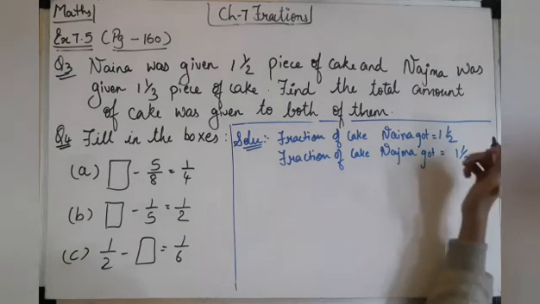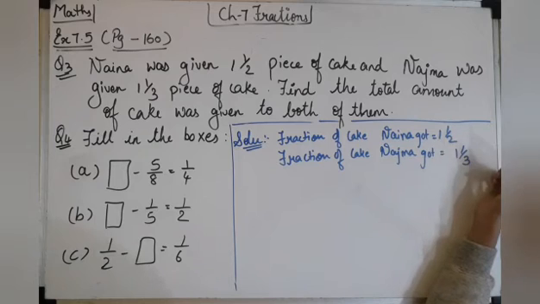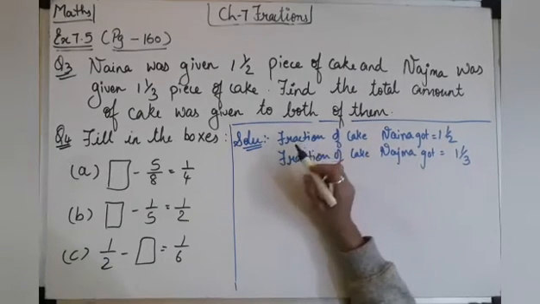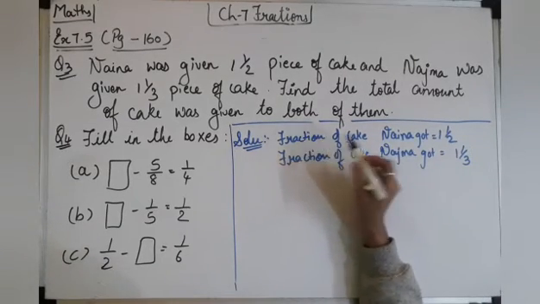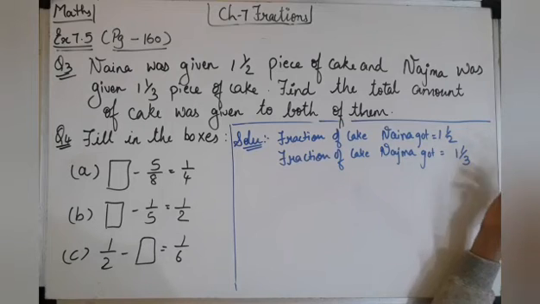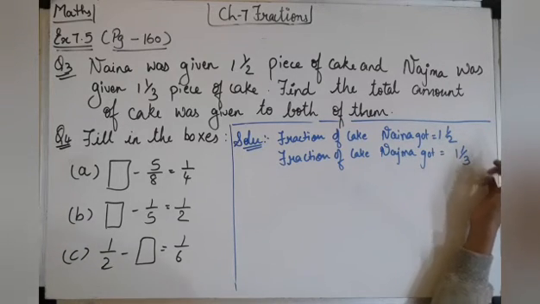Okay, this is in a mixed fraction. We can also convert it into an improper fraction, because as we have to find the total, we have to convert into improper fraction and then like fraction, and then the sum will be solved.